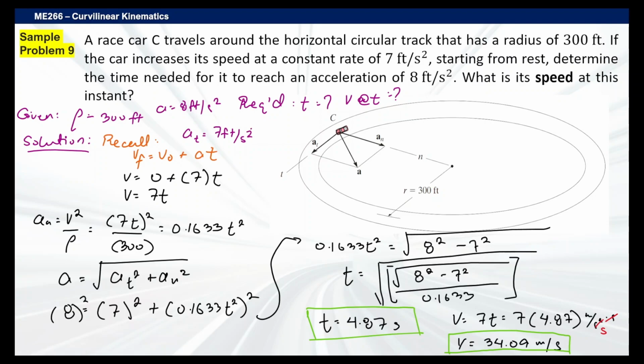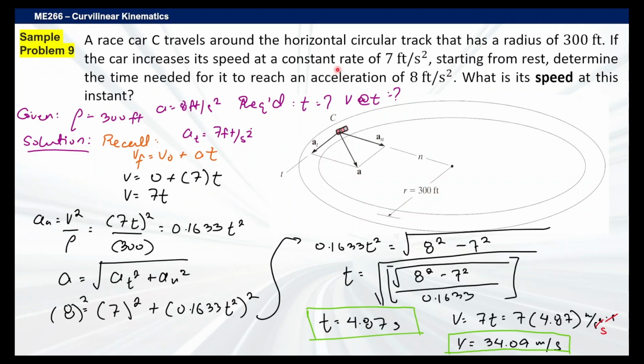So what is the time there? And at this particular instant, what is its speed? What is its speed at the particular time it reaches 8 feet per second squared? Recall our givens: we have a radius of curvature of 300 feet, an acceleration of 8 feet per second squared, and a tangential acceleration of 7 feet per second squared, at a constant rate.